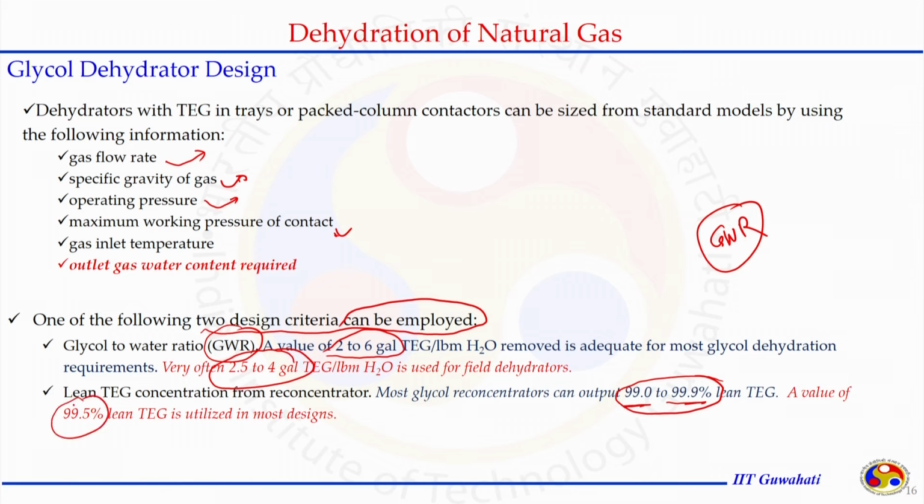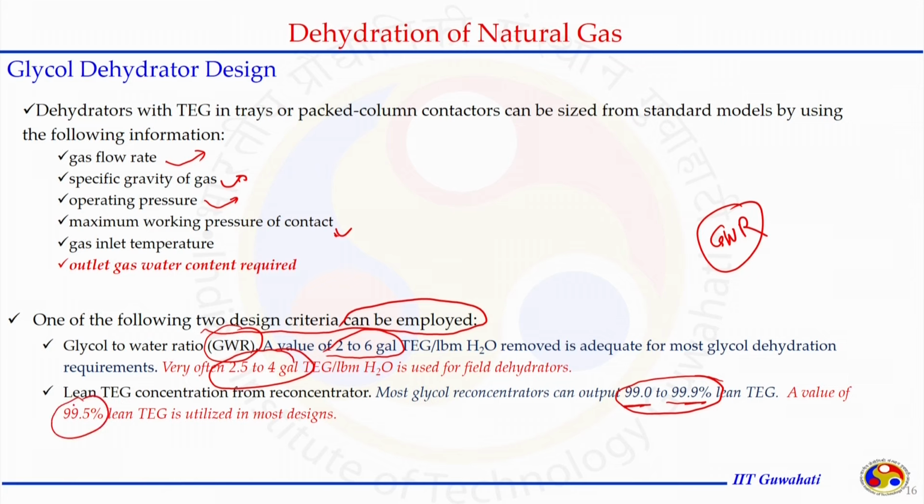So, when we talk in detail about the design parameters for the absorption dehydration process, we are not discussing the mechanical aspects, but what the size of the equipment should be that is going to be used to achieve the desired dew point depression.